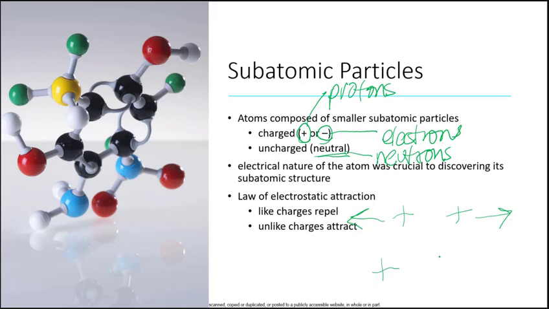But if I have a positively charged ion, what we're going to learn is a cation, and a negatively charged ion, which is an anion, they will attract to one another. Same with protons and electrons. The positively charged nucleus and the negatively charged electrons around it are attracted to one another. And if I have two electrons, they want to push away from each other.